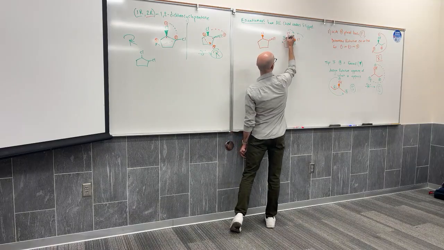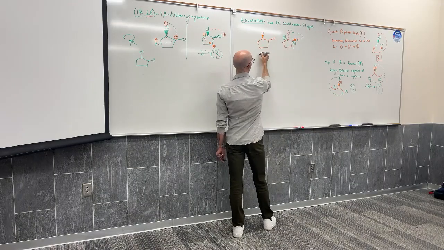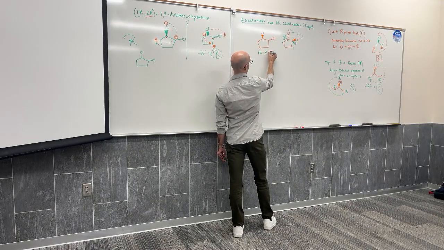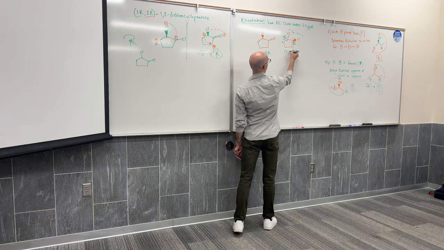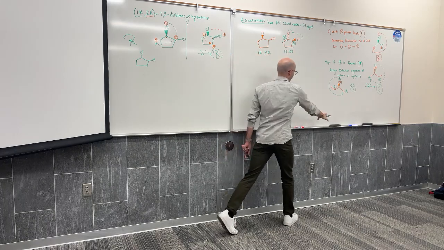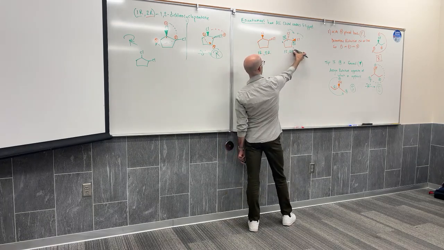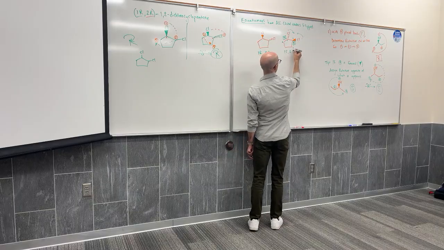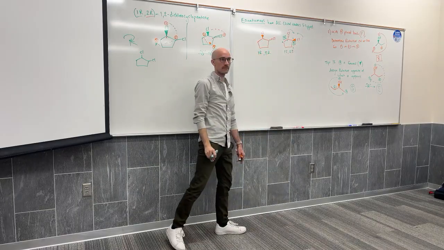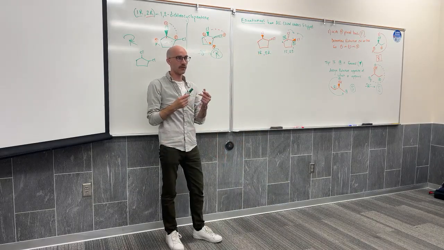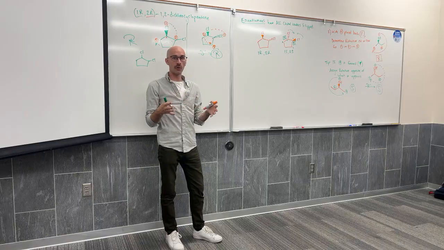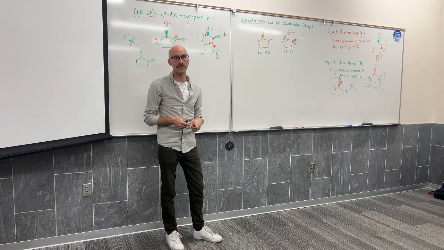That's an R configuration. This molecule was 1R, 2R. This molecule is 1S, 2S. All of the chiral centers are arranged differently in space.